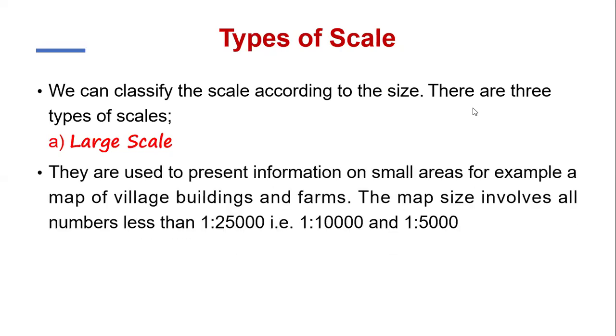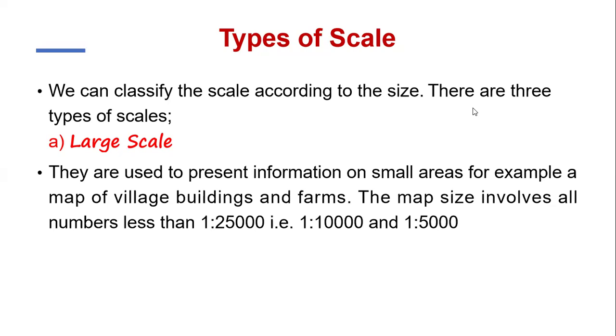large scale. Large scales are those used to present information on small areas. For example, a map of a village, buildings, or farms. So the scales that I use to represent small areas are the ones called large scale. The map scale involves all numbers less than 1:25,000.